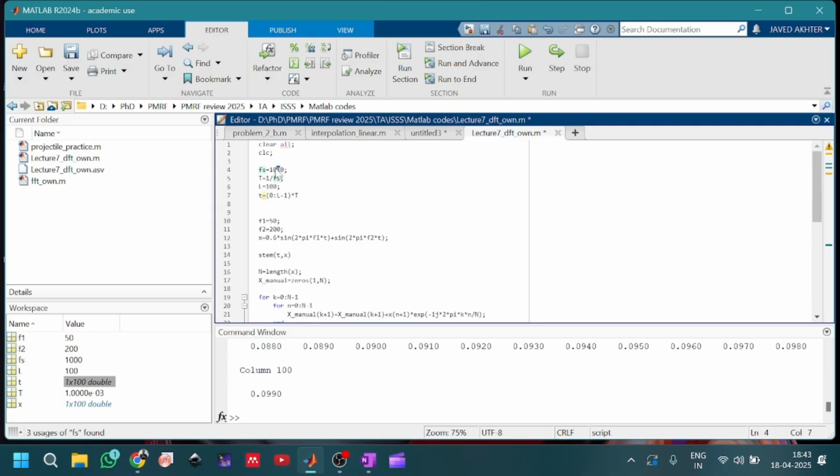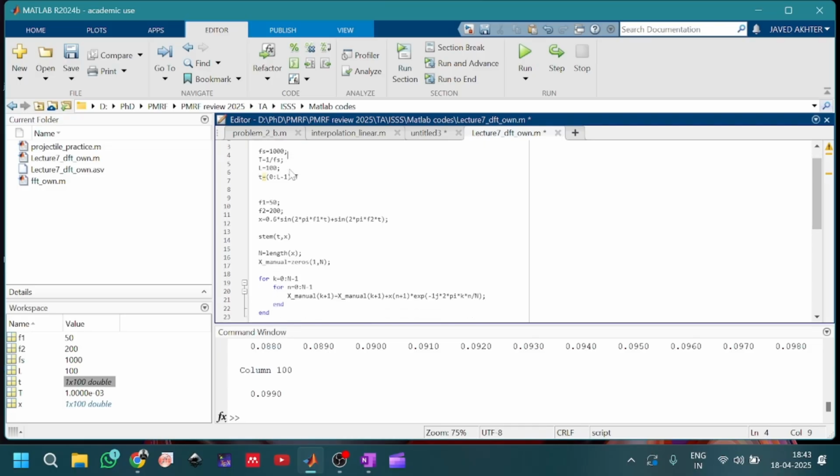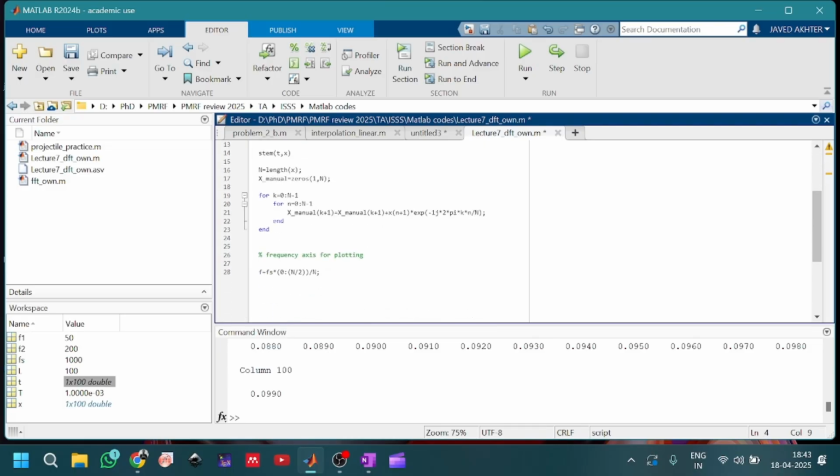So if you are sampling data at a frequency of 1000, so if you are acquiring 1000 points in 1 second, then in the frequency domain, according to the Nyquist theorem, you can go up to 500 hertz. That is why we have to define the frequency axis in this way.